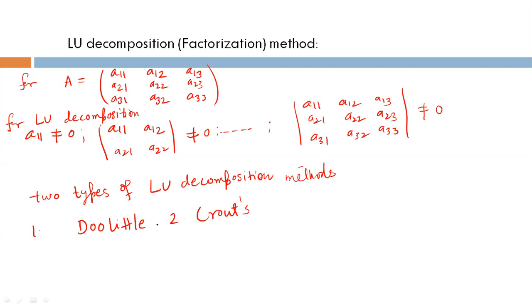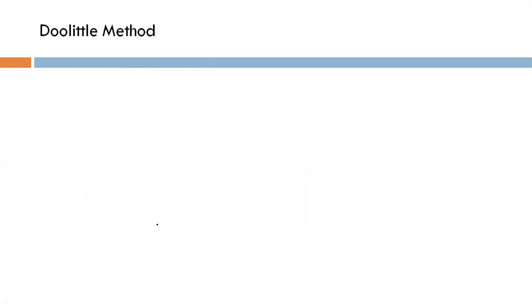I am going to discuss the theory of Doolittle and one numerical based on the Doolittle method, and we will discuss the theory of the Crout method, and I will give you two examples as homework based on Crout's decomposition method. So let's learn this. First is the Doolittle decomposition method.